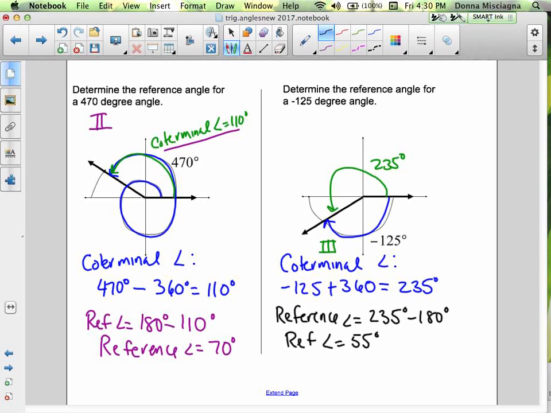Right? And that would be the distance here. And actually, I probably should draw it in the positive direction because it's a positive angle we're looking at. So that's that direction here. I didn't draw this one in either. So there's our reference angle. So this is the 55 degree angle, and this one over here is the 70 degree angle. I don't know if I drew them in on the other pages.